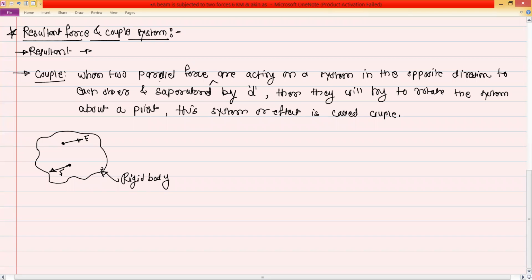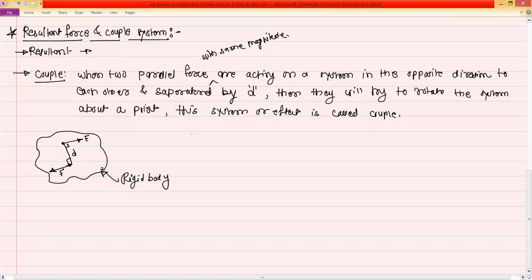So two parallel forces with the same magnitude, separated by perpendicular distance d. These two forces will form one couple on this object.